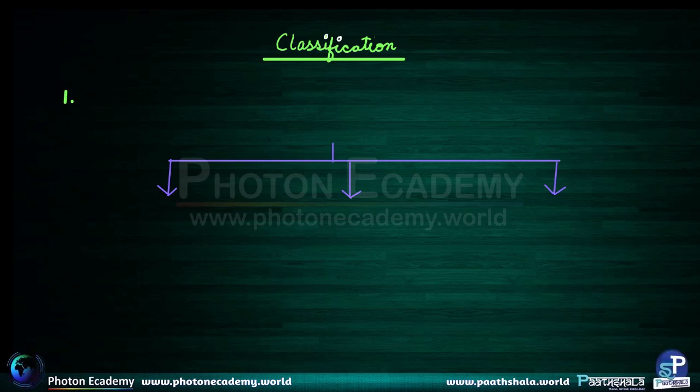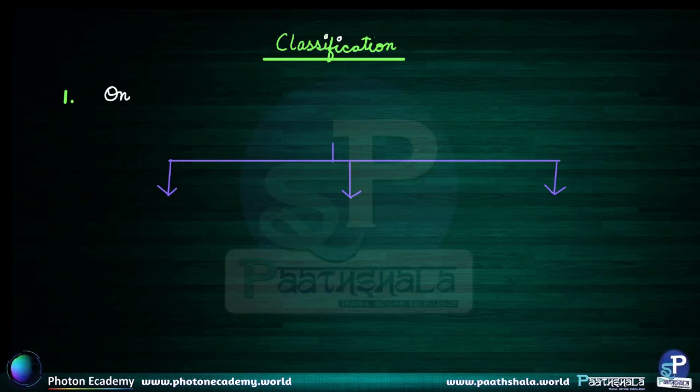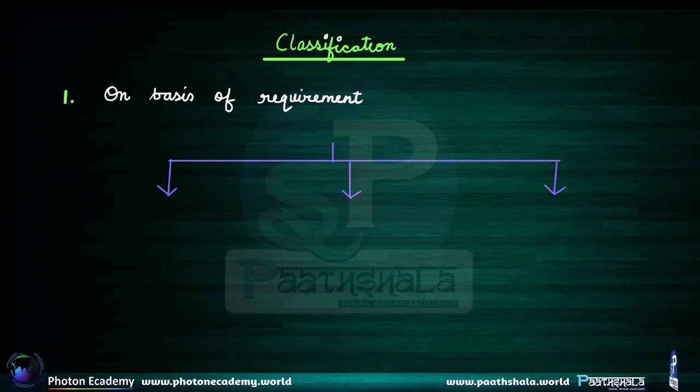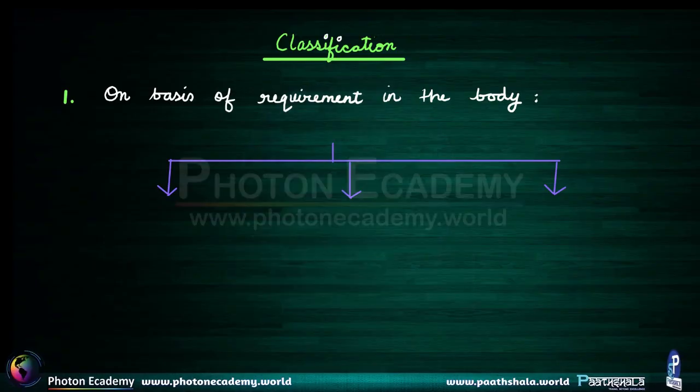the first is the one done on the basis of requirement in the body. On this basis, we are going to divide amino acids into three categories.